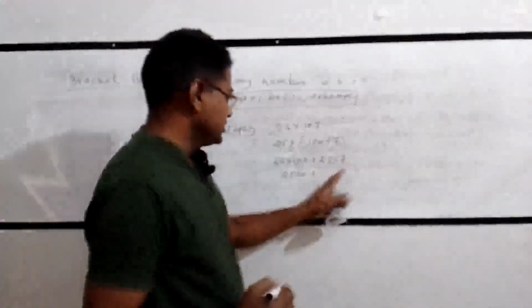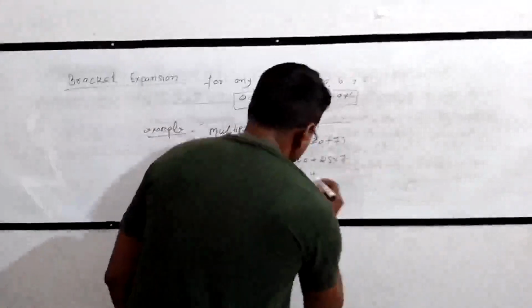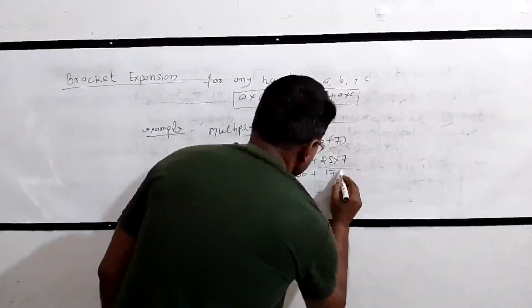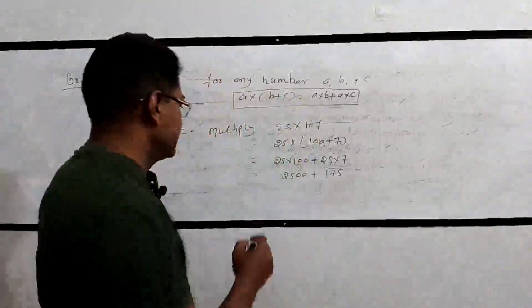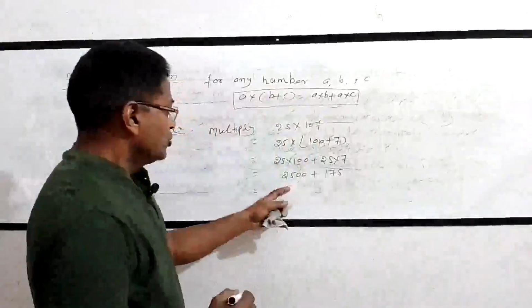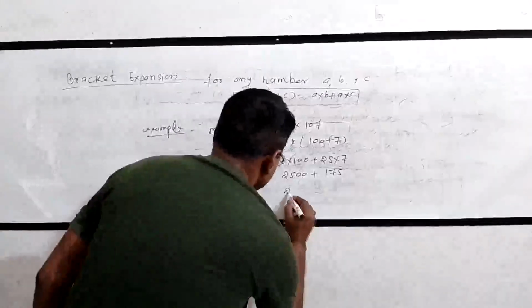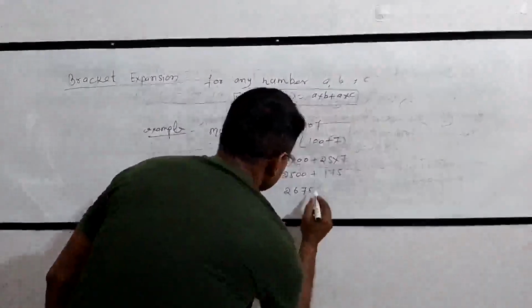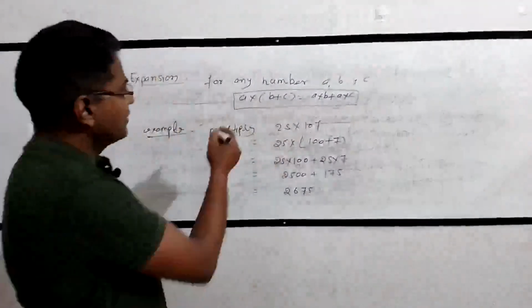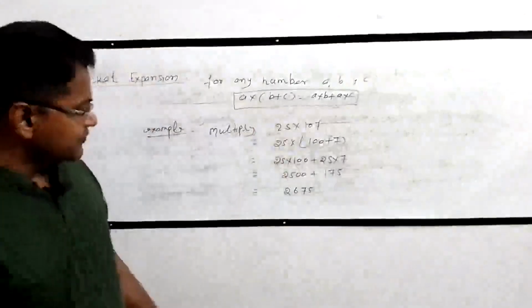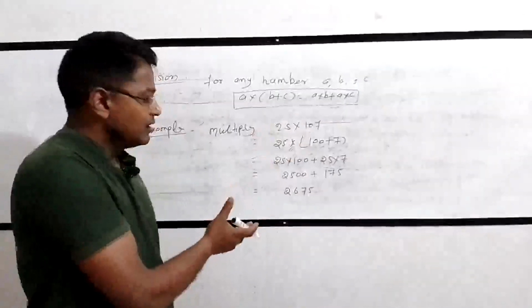Now it is very easy to calculate. Now just simply add it. You will get 2675. So with the help of this bracket expansion, the calculation becomes very easy.